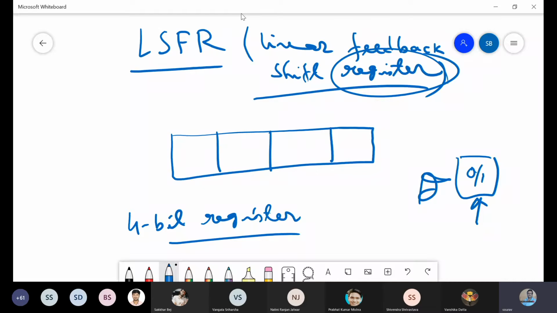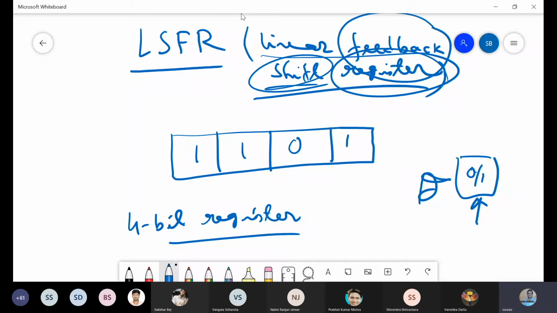How will that change happen? The change will happen by shifting. That's why it is called a linear feedback shift register. Suppose we have some values at some point of time, 1, 0, 1. Suppose this is the value of the register. Now we want to shift these values. Feedback will come later, so first let us talk about the shifting part.